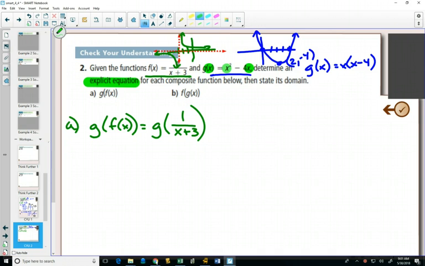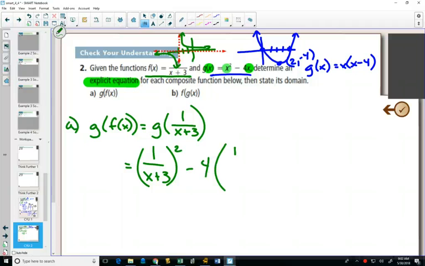So if I put in a 1 over x plus 3, that 1 over x plus 3 will get squared, and then I'll subtract 4 times that 1 over x plus 3. And this is an explicit equation. It's only in terms of x. So g of f of x, on the left-hand side, there's our explicit equation.